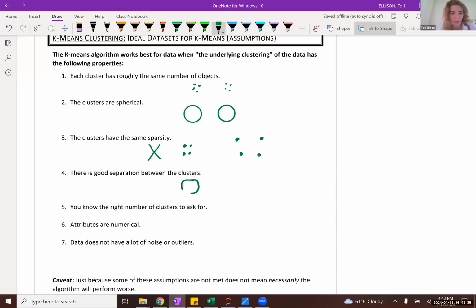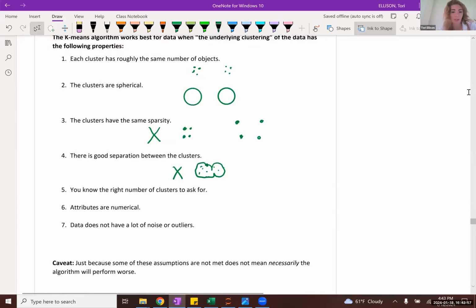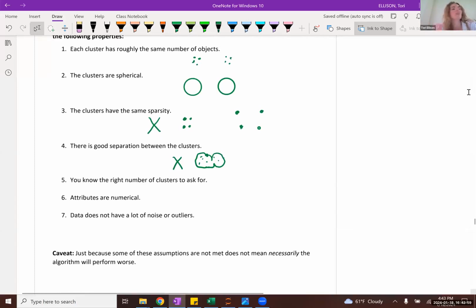4, there should be relatively good separation between the clusters. So for instance, if you have a set of clusters that looks something like this, that is not a set of well-separated clusters. Okay. 5, when you're using the k-means clustering algorithm, you know the right number of clusters to ask for.